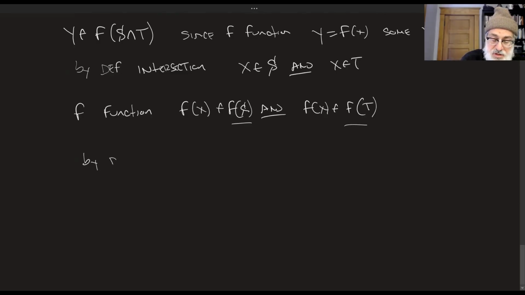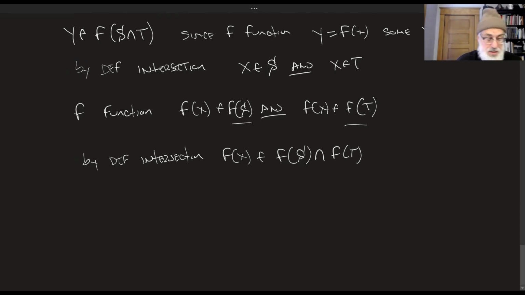So by the definition of intersection, remember, intersection says it has to be in both for it to be in the intersection. So f of x is in f of S intersect f of T. And that's what we wanted, because we said that y equals f of x.